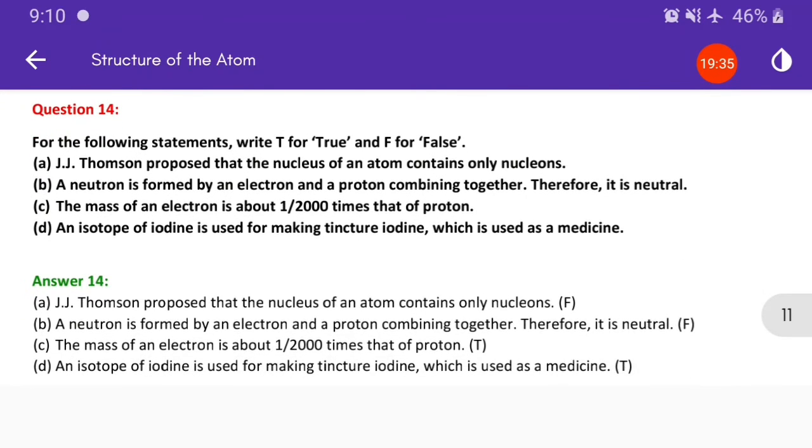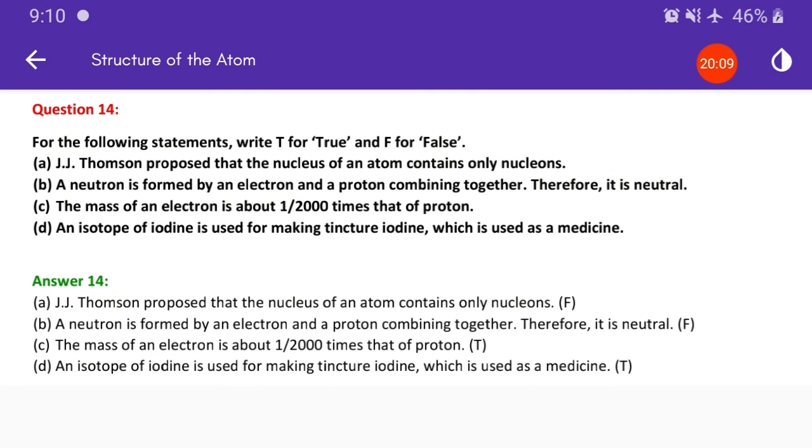Question number 14. For the following statements, write T for true and F for false. J.J. Thomson proposed that the nucleus of an atom contains only nucleons. That is false. Second, a neutron is formed by an electron and a proton combining together, therefore it is neutral.